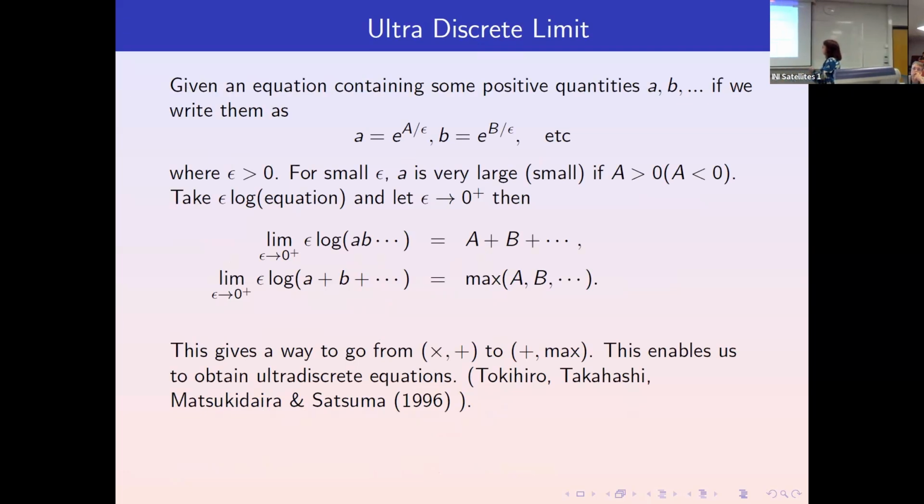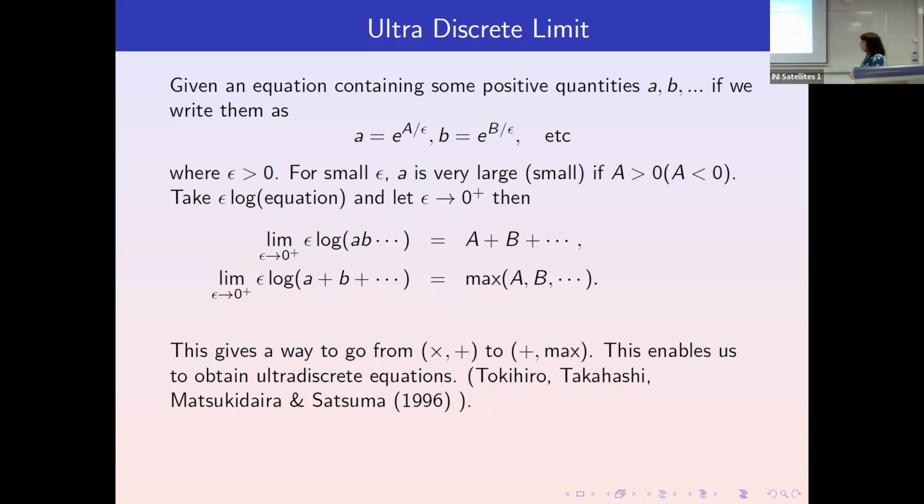And then I take the whole equation, take epsilon times log of my equation, and then I let epsilon tend to 0. And that has the effect of changing multiplication of objects into addition, and addition of objects into maximals.